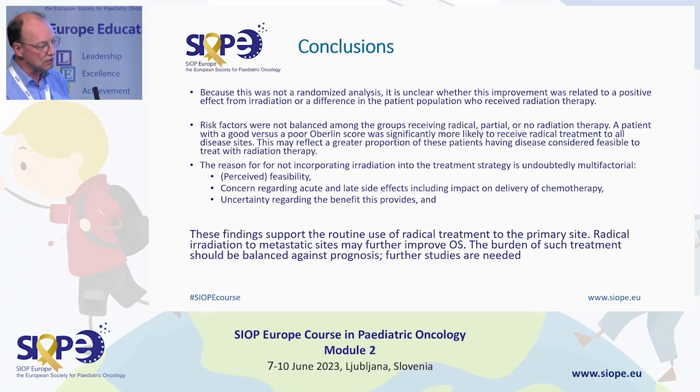And the burden of such treatment should be balanced against prognosis, and further studies are needed. I like especially the last sentence, because I think this is typically something that should be followed by a randomized trial, with all the difficulties that come with it, given that it's not so straightforward to give radiotherapy in these cases, as we have seen.